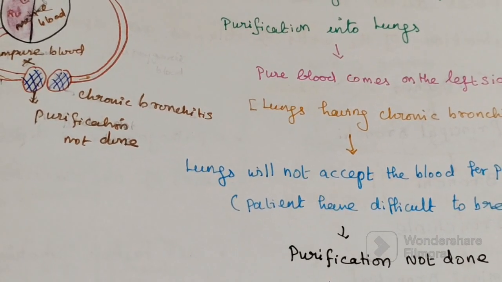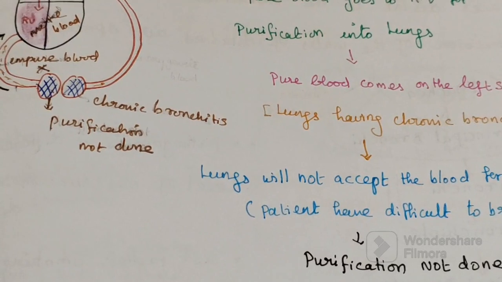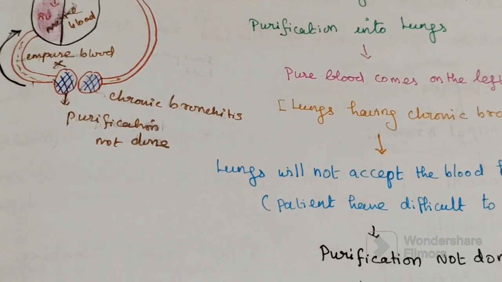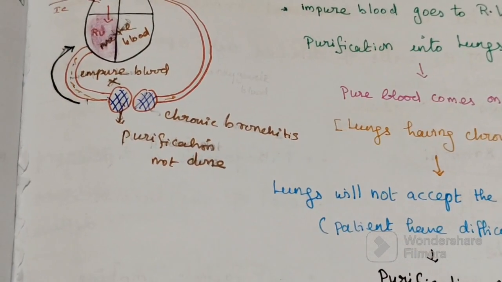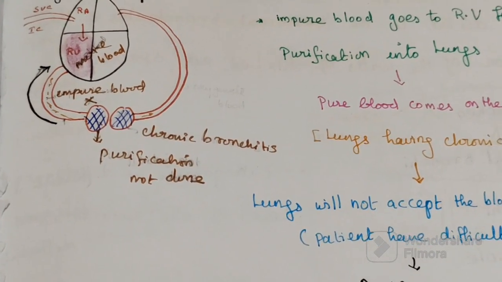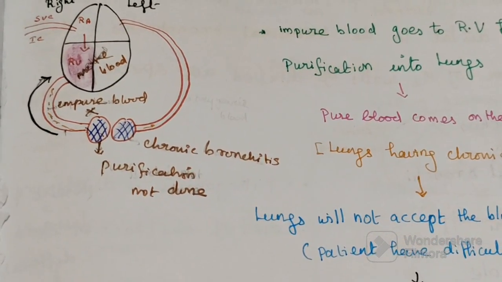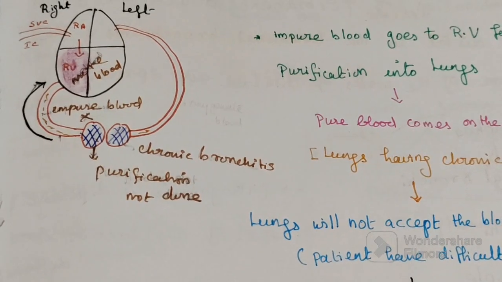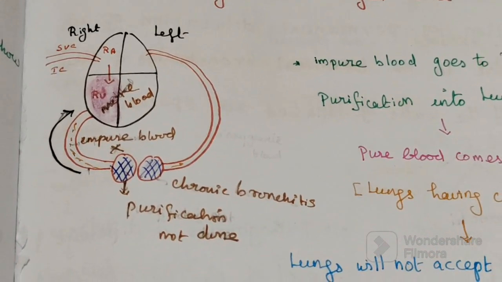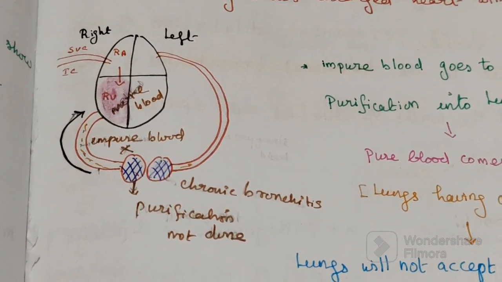The right ventricle enlarges in size because it contains more blood, so the wall of the ventricle gets thickened. So it looks like a big heart.